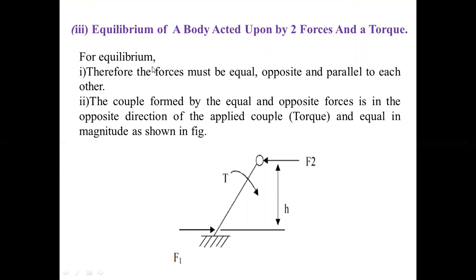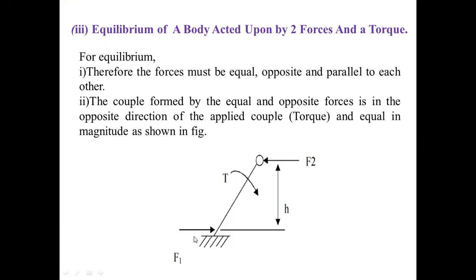Equilibrium of a body acted upon by two forces with a torque. As shown in the figure, two forces are acting on the link or any mechanism or body, that is F1 and F2, and the distance between the lines of action of F1 and F2 is h, a perpendicular distance.